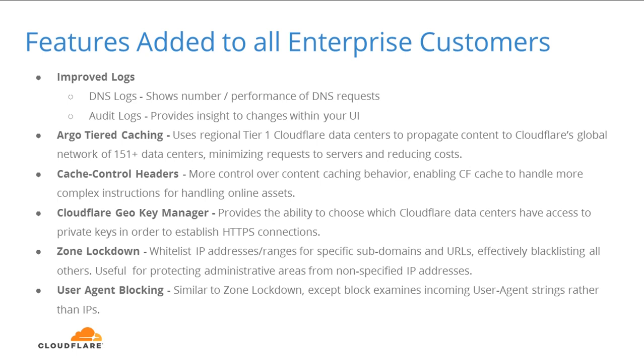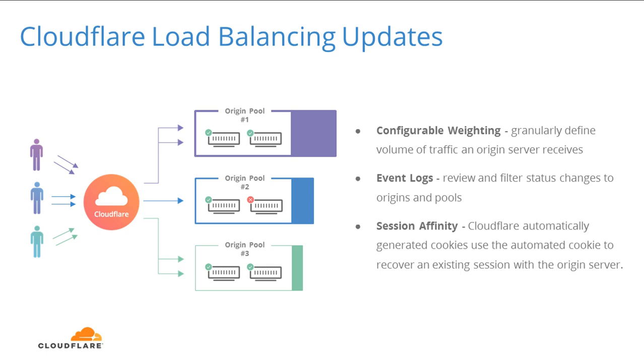So for example, if there's a certain origin that either has more capacity or lower egress costs, you can specify a percentage of how much of your inbound traffic you want to go to that origin versus to another alternate origin, so to speak.